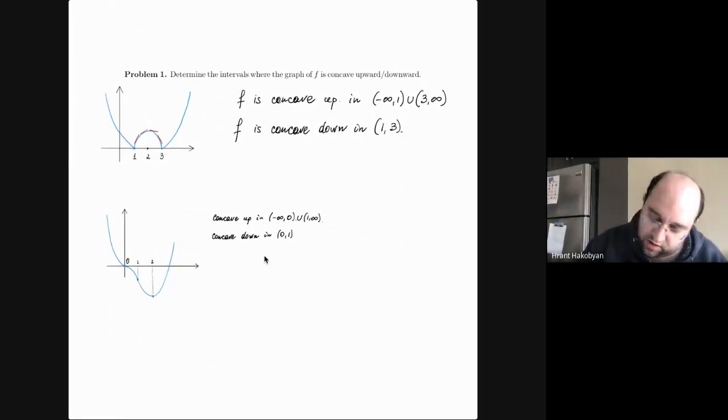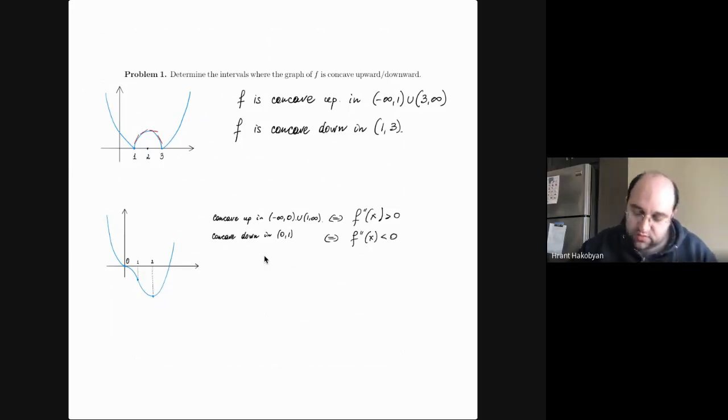So concave up in that interval also means that the second derivative of that function is positive here, and also here the second derivative is negative, right? So wherever it's concave up, the second derivative is positive. Wherever it is concave down, it means the second derivative is negative.